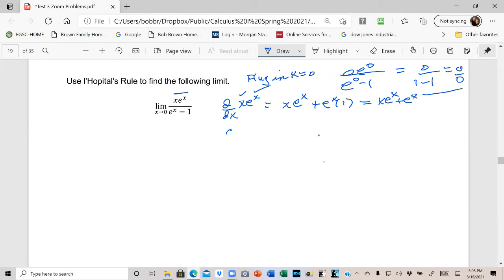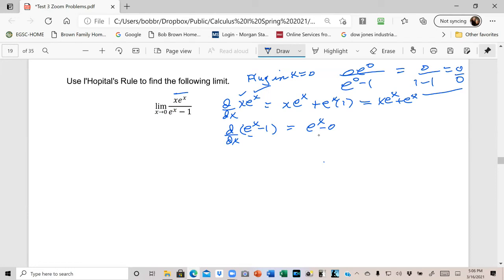Now, the derivative of the denominator is just simply the derivative of e to the x minus 1, which is e to the x. Derivative of minus 1 is 0.